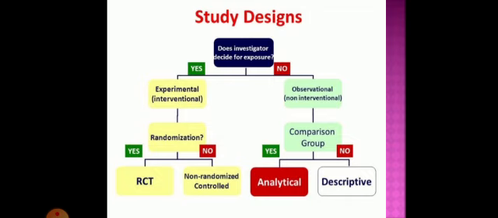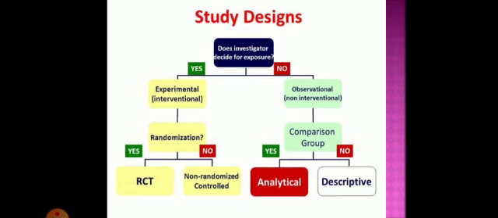And there, we either make randomization or not, and we are going to leave this to another lecture. While if the investigator does not decide to expose the people to a certain intervention, we follow the observational or non-interventional study, as we mentioned.